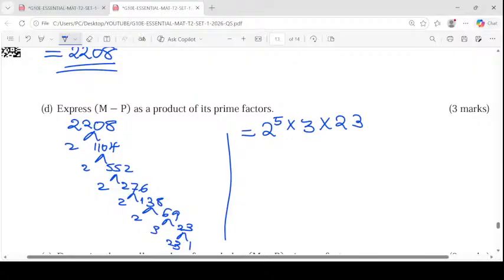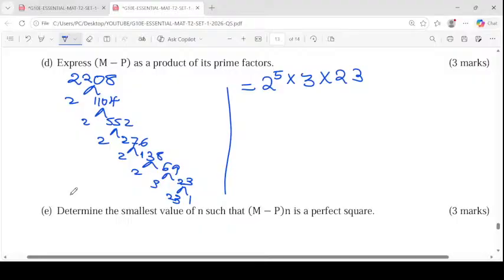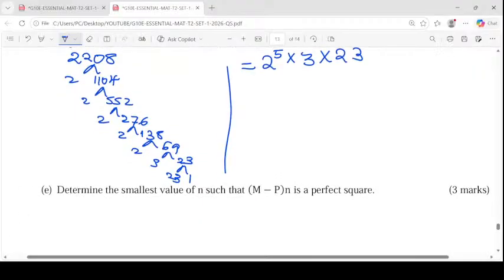That is how you would have solved that part. Part E, determine the smallest value of n such that m minus p power n is a perfect square. So look at it. m minus p, that is 2208 power n, to become a perfect square.